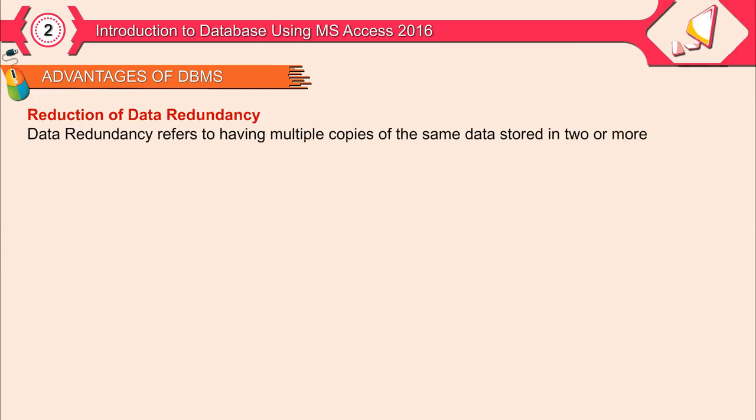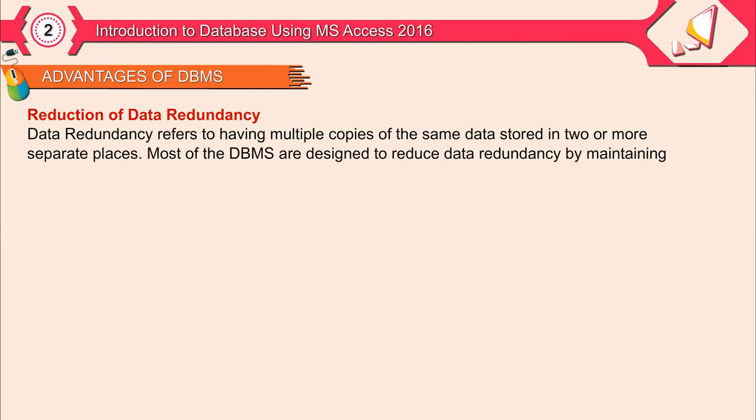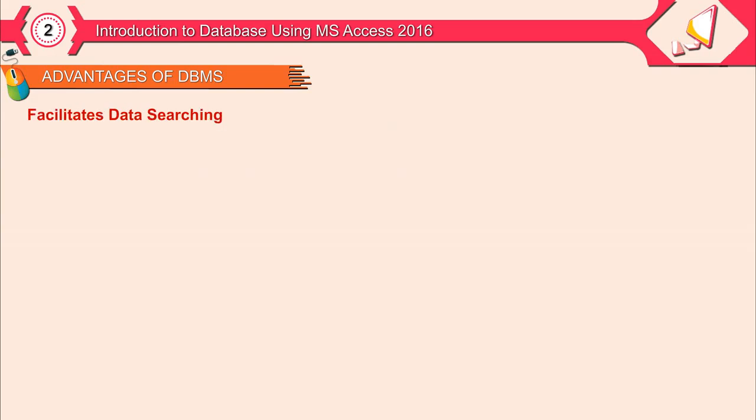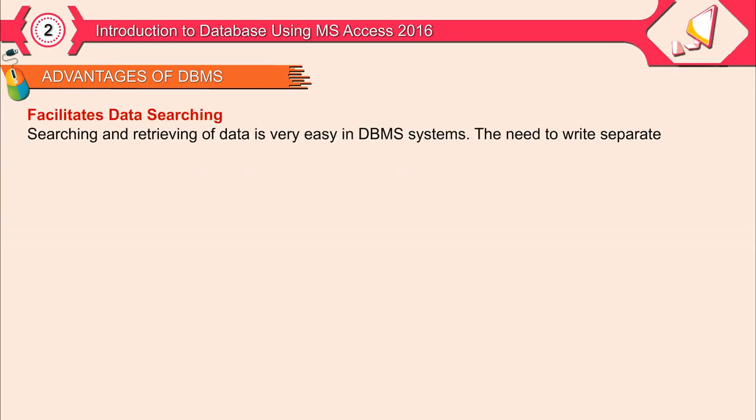Data redundancy refers to having multiple copies of the same data stored in two or more separate places. Most DBMS are designed to reduce data redundancy by maintaining all the data in a single, centralized repository location.